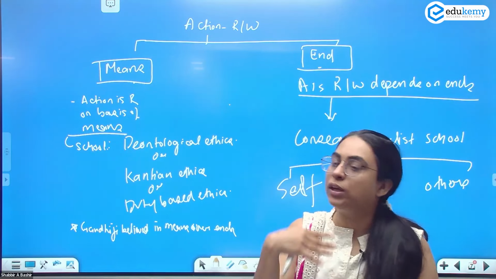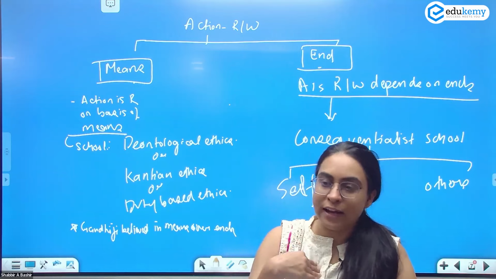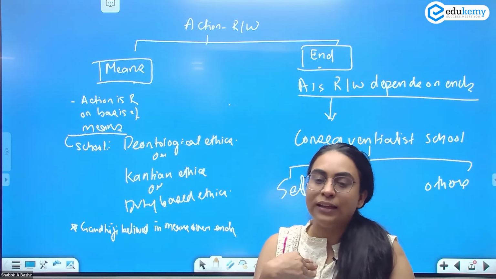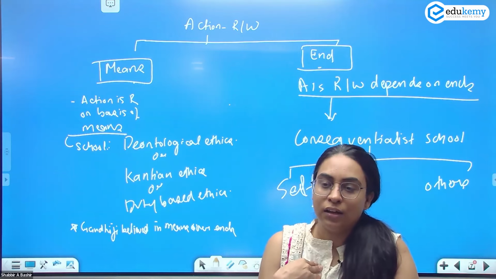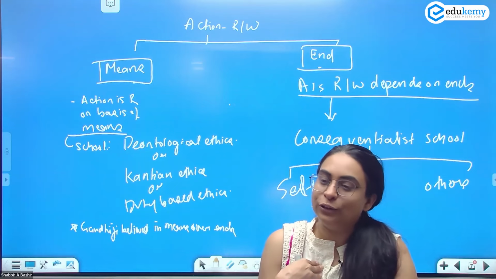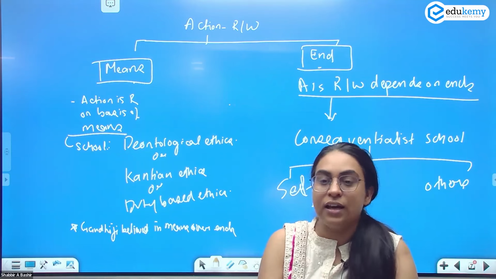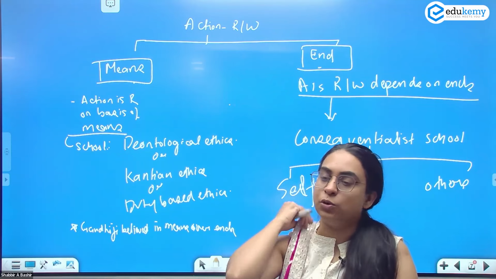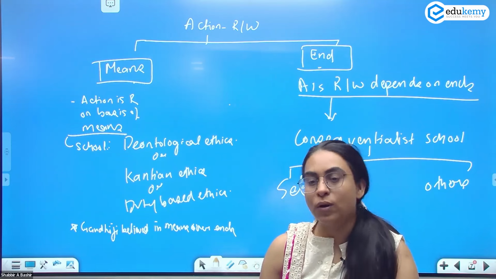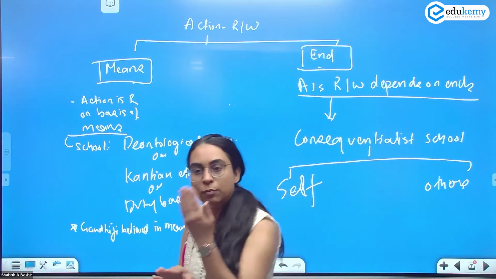So if I want to keep you happy, I should think about my happiness. So something that makes me happy is an ethical action. ऐसा भी एक school of thought है. ठीक है. See, if you want to perform as a duty as a civil servant, if you are satisfied, if you are happy, then only you will perform your duty well.